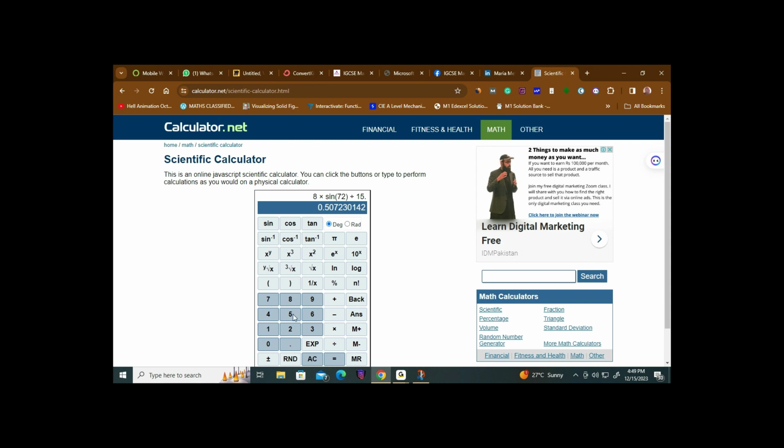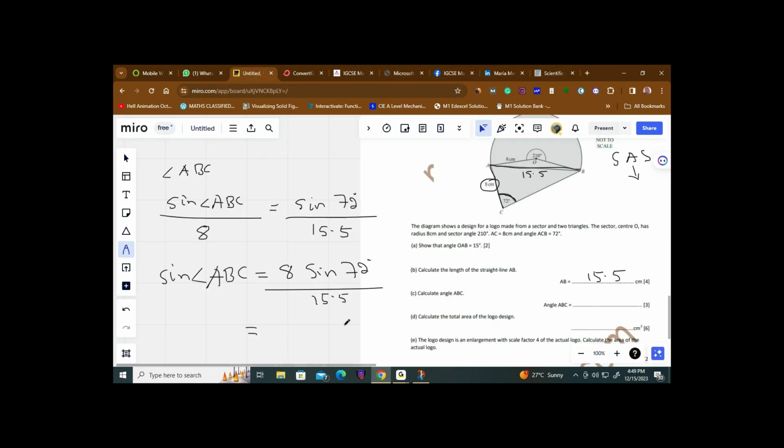That's 0.49. I just keep this value safe in my calculator, alright? And this is 0.49.